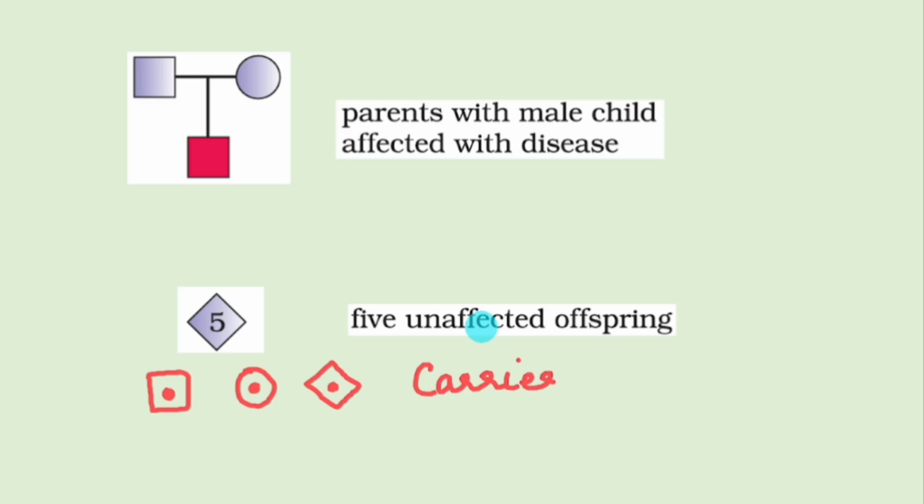Very important point. Carriers are unaffected. Okay? Unaffected. But as the name suggests, they carry the affected allele, and therefore they can pass the affected allele to subsequent generation.